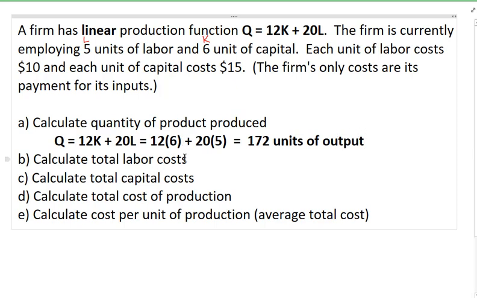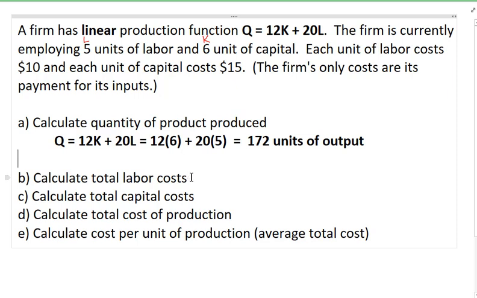Total labor costs. Well, let's see. 5 units of labor. Each unit of labor costs $10. So, $10 per unit of labor times 5 units of labor equals $50.